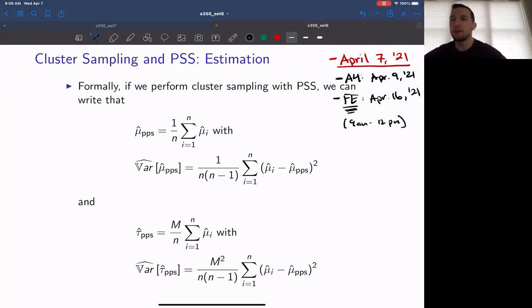Again, in both cases, we showed how to estimate the mean, how to estimate the total, and we effectively used empirical proof to show that these estimators were unbiased for the quantity of interest.